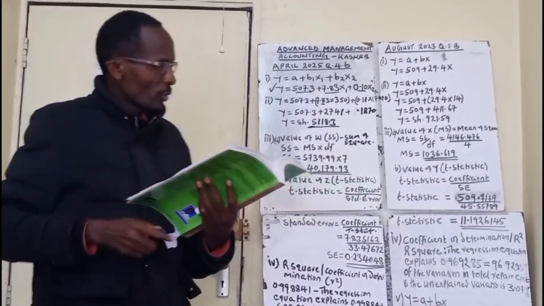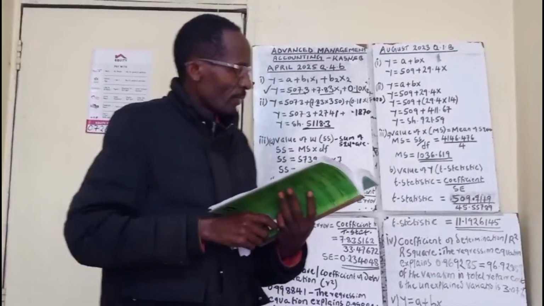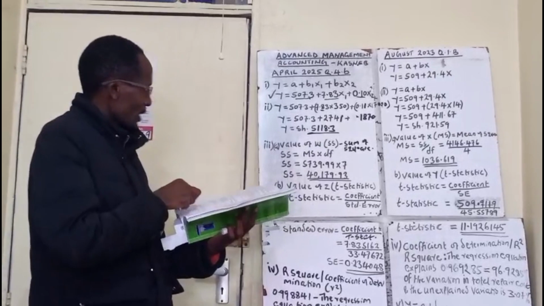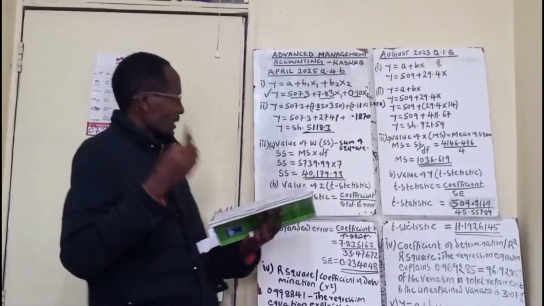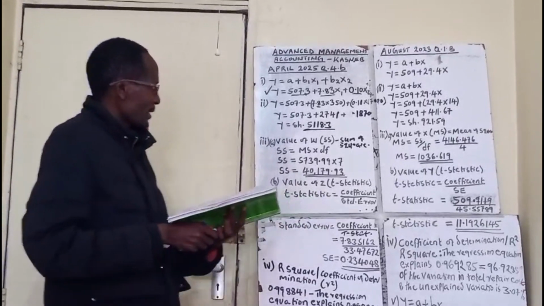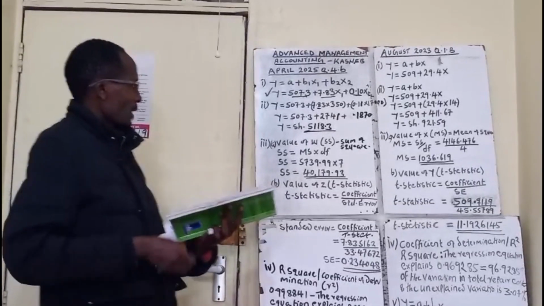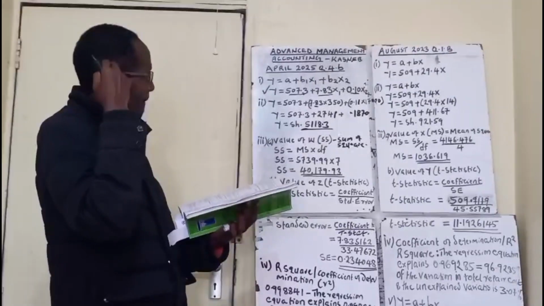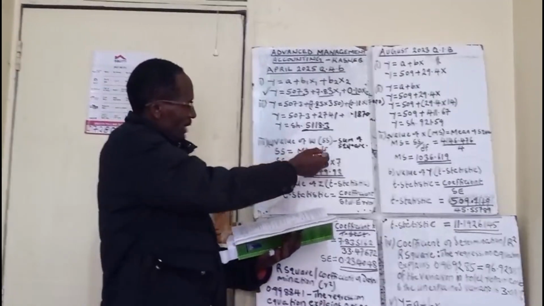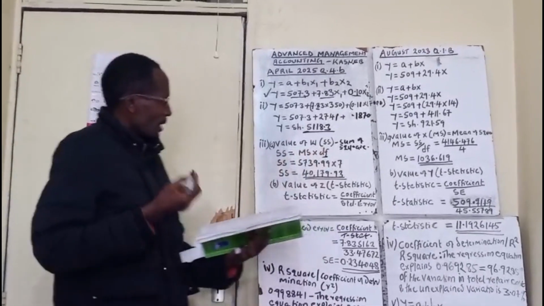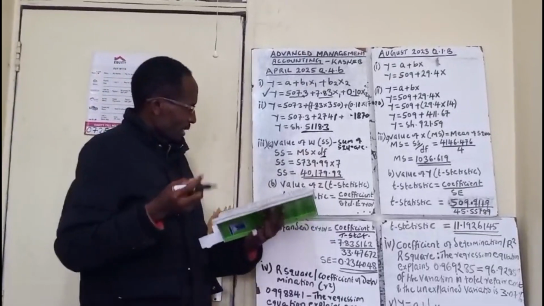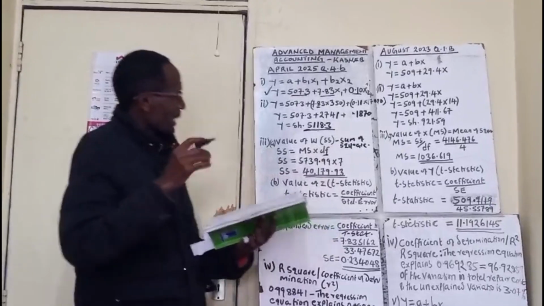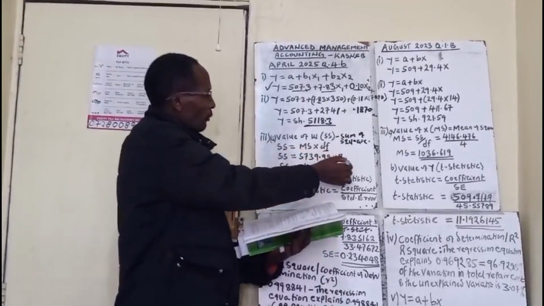Number 3, compute the values of missing letters W and X. So note that W is a sum of squares, SS. How do you calculate sum of squares? You take MS times DF. MS means mean of square times degree of freedom. The mean of square is given there, you find is 57, that's 9.99, times degree of freedom, 7.